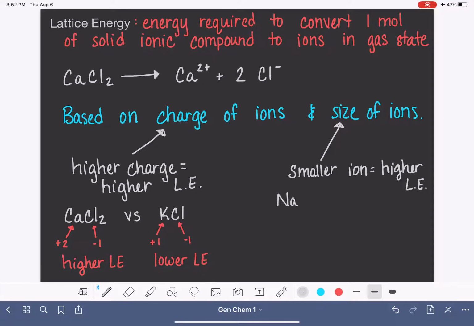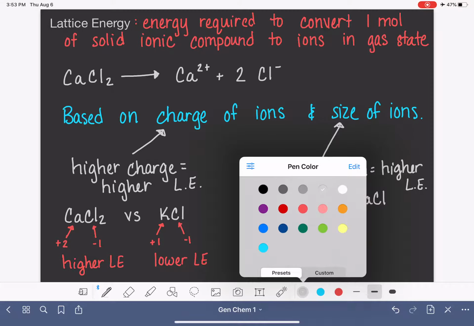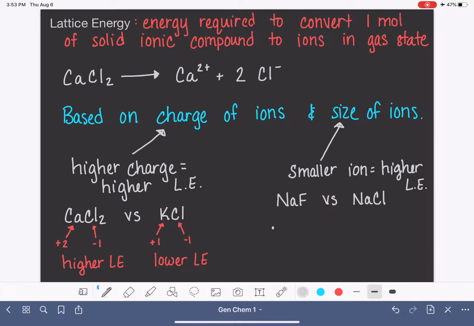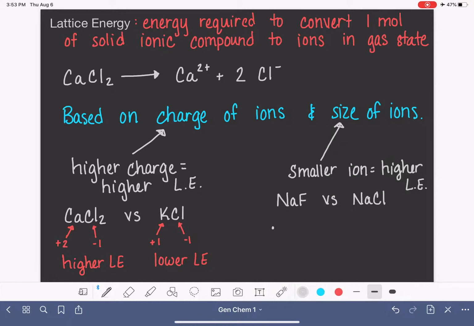So let's say we have NaF versus NaCl. So we have a sodium atom, let's say it's this big, and a fluorine atom, let's say it's this big. Got kind of a weirdly placed nucleus there.